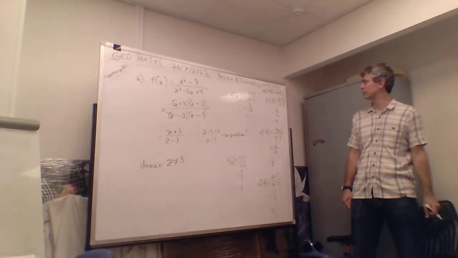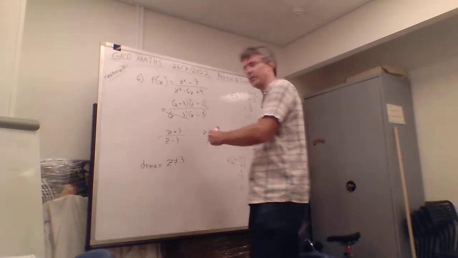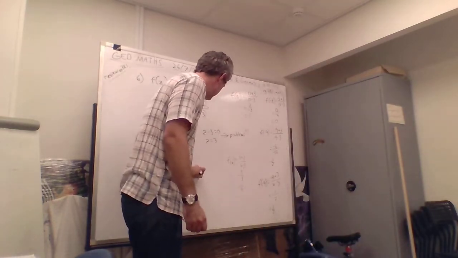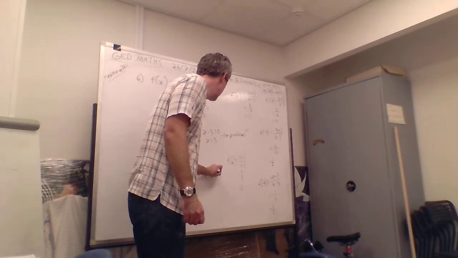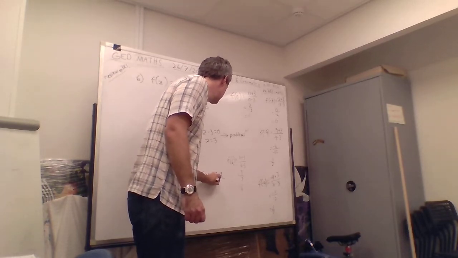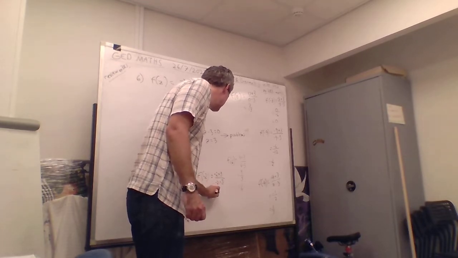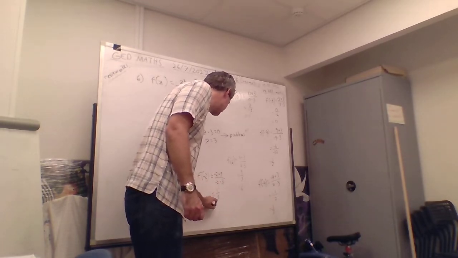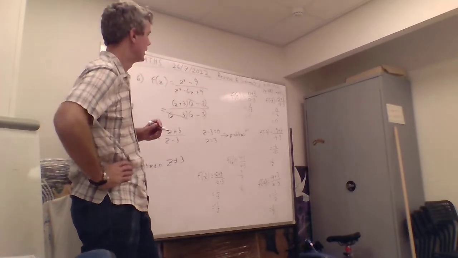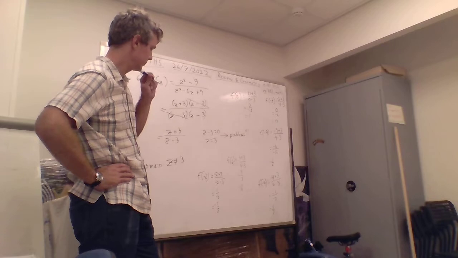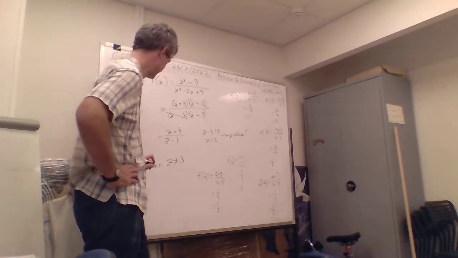What if we do minus 2? f of minus 2. Let's try that. f of minus 2 equals minus 2 plus 3 over minus 2 minus 3, which equals 1 over minus 5. Aha, so we got a negative. Let's try minus 1 then.